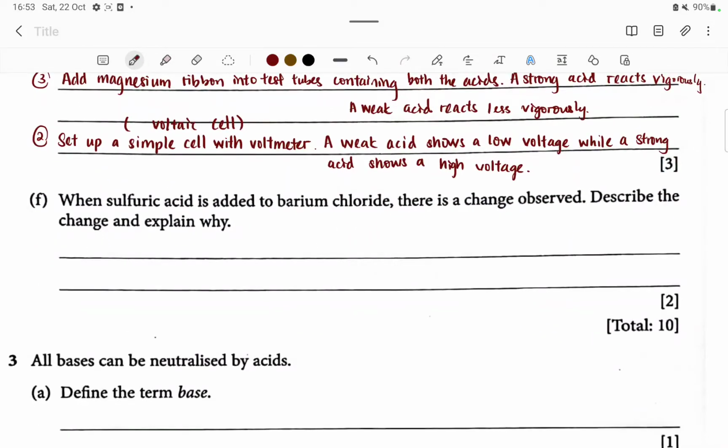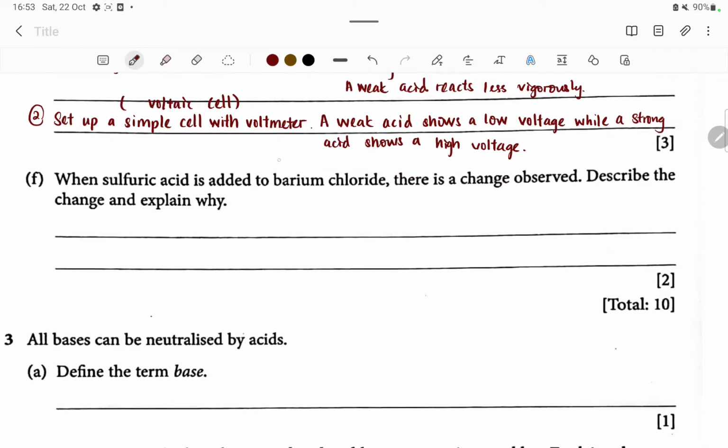F. When sulfuric acid is added to barium chloride. So barium chloride, we know that barium ion is Ba2+, chloride is Cl-. So if we cross them together, they will form BaCl2. And then this one is H2SO4. Okay, there is a change observed. Describe the change and explain why. So we can try to write down the equation.